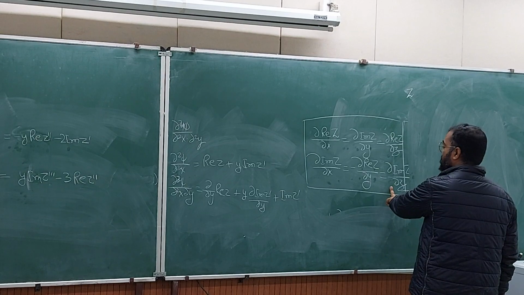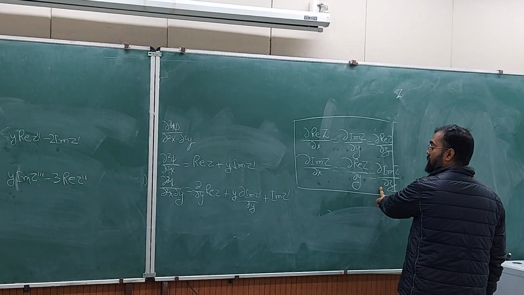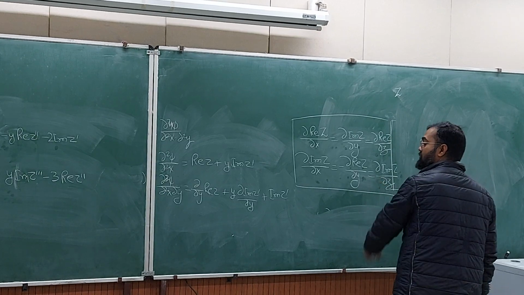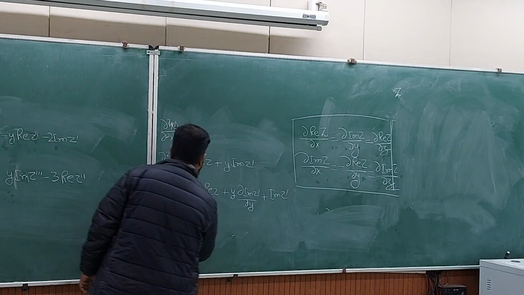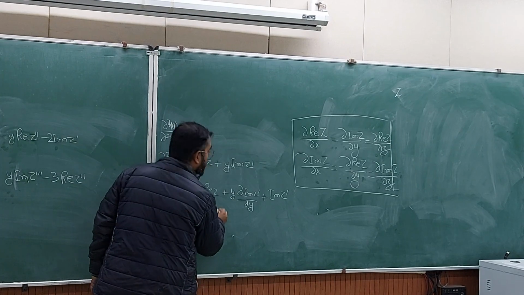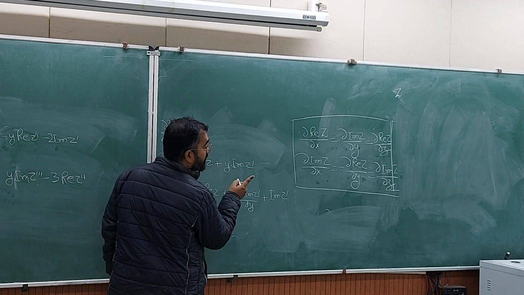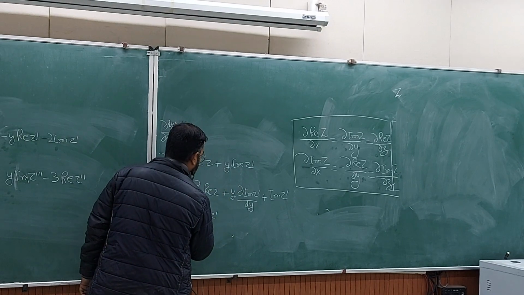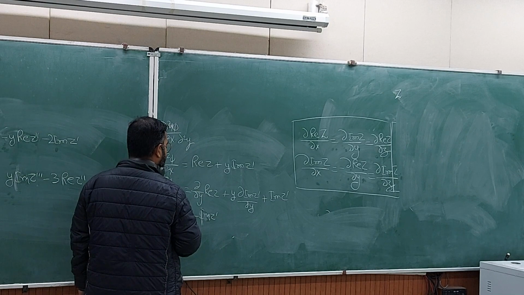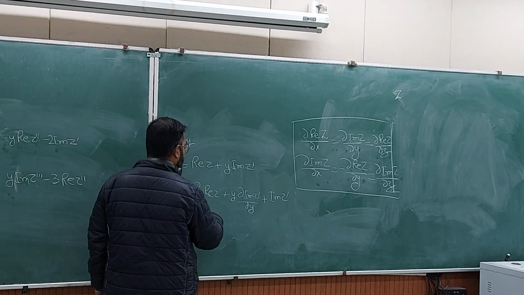So this will be negative of z dash, right? So this is negative of imaginary part of z dash. Okay. So this we have done.